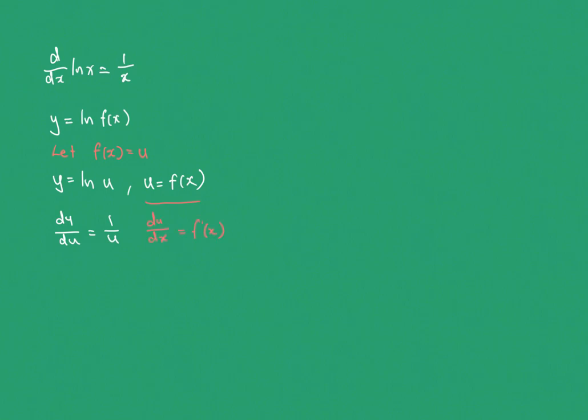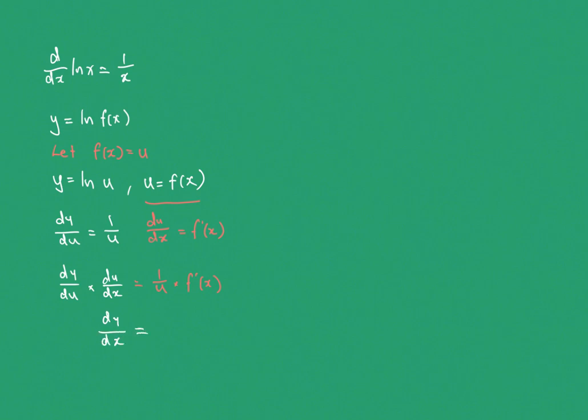Okay, now if we multiply these two expressions together, that would be dy over du times du over dx equals 1 over u times the derivative of f(x), which turns out to be dy over dx.